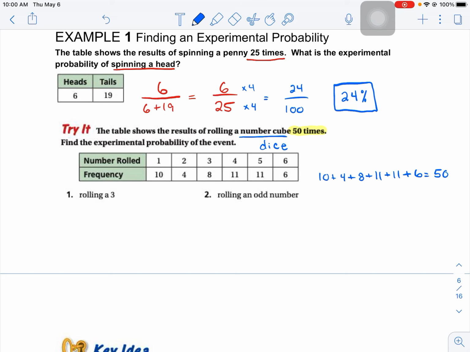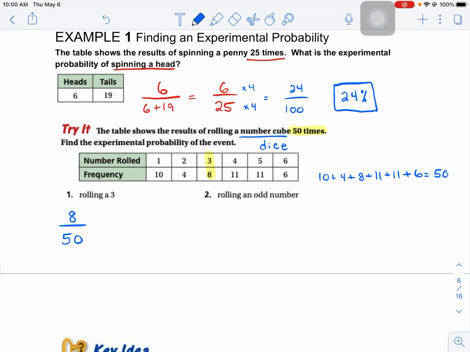All right, so if I want the probability of rolling a 3, well, I rolled a 3 8 out of 50 times. Again, I can simplify this, because we always give our answers in simplest form.